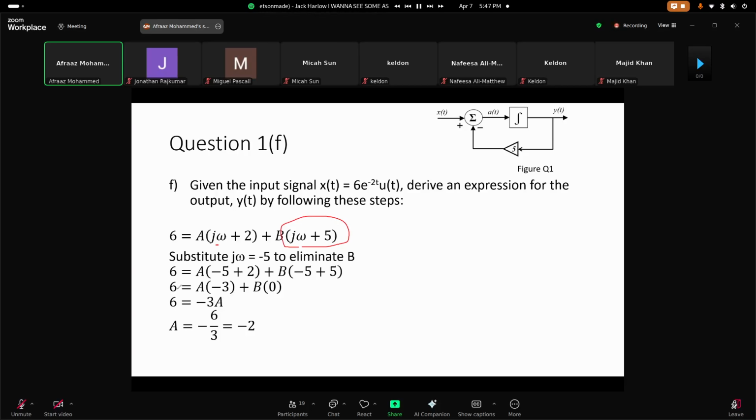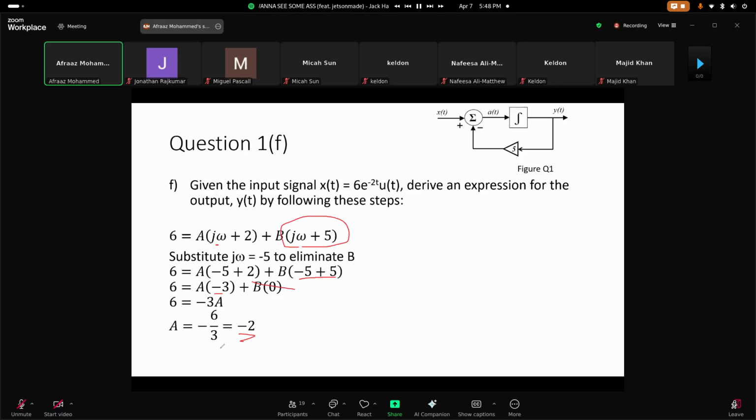So minus 5 plus 2 is minus 3, and minus 5 plus 5 is 0, and that eliminates B. That gives you 6 equal to minus 3A, and A will be equal to minus 6 over 3, which is minus 2.